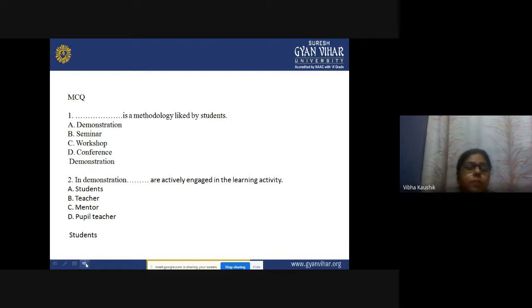Now, let us discuss some MCQs based on the topic that we have discussed today. The first one: Dash is a methodology liked by students. Which methodology is liked by students, or through which method do students like to study?